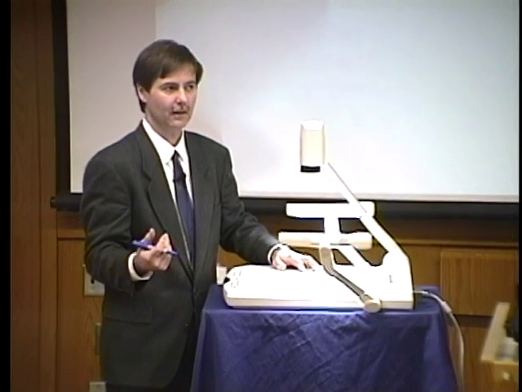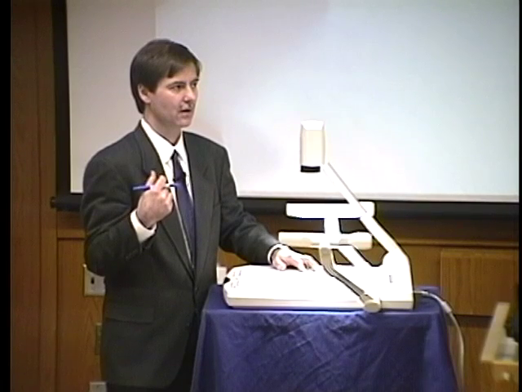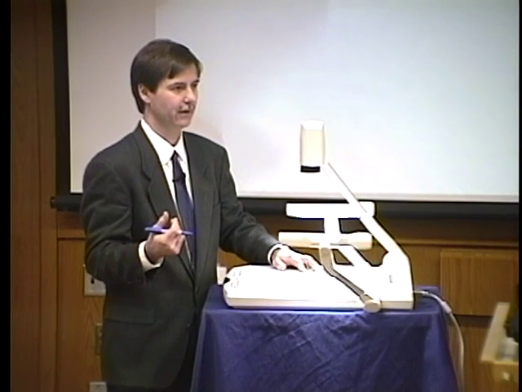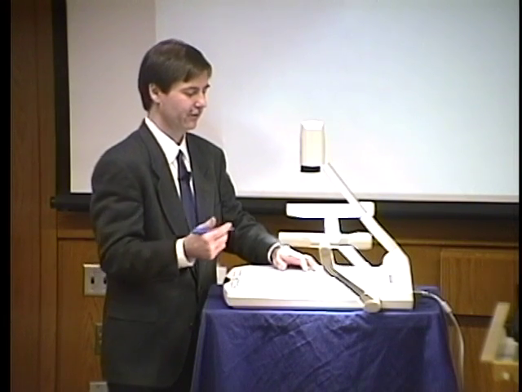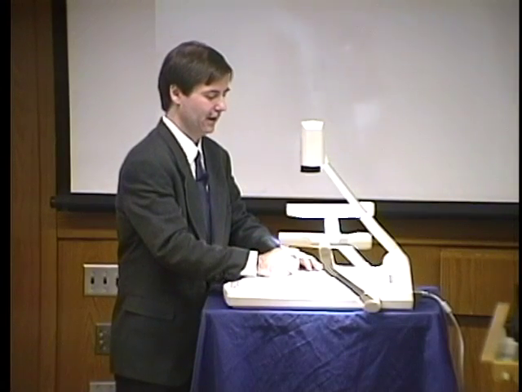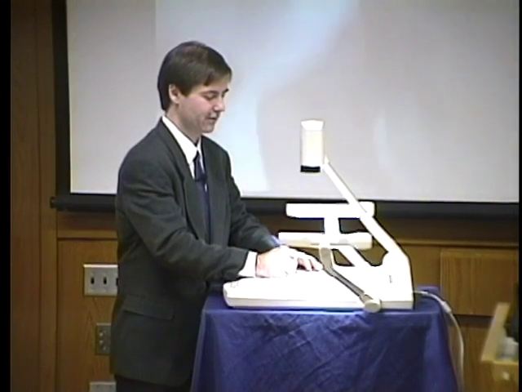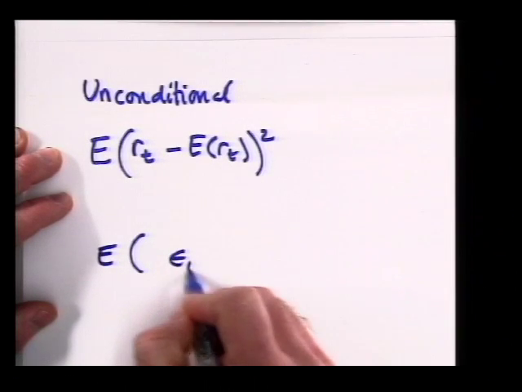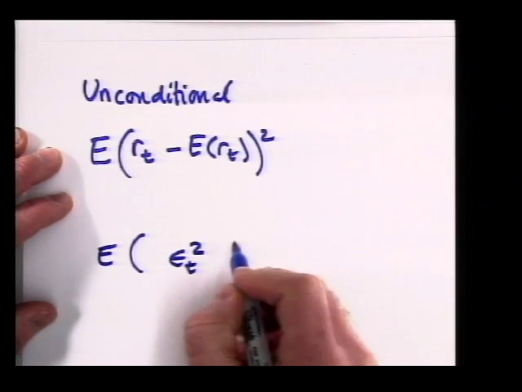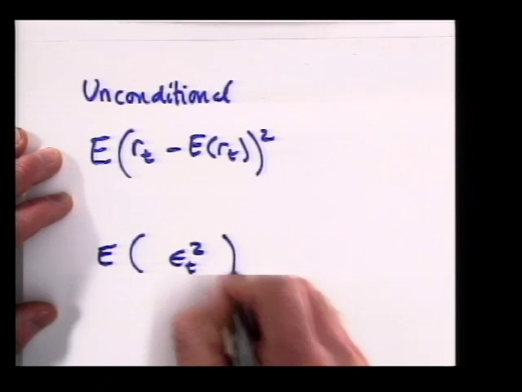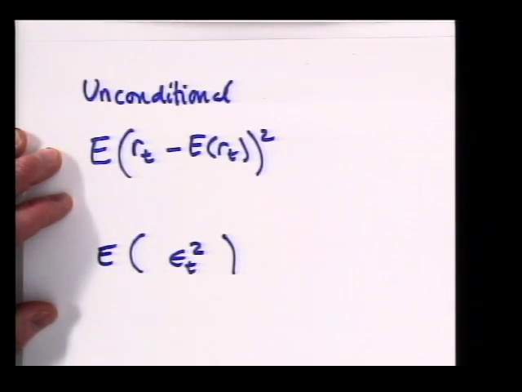Now, we estimate our ARCH model, and we don't get any predictability. So we just get that alpha 0. So what we've got here is the expectation of epsilon squared. Do you see what the difference is between these two?